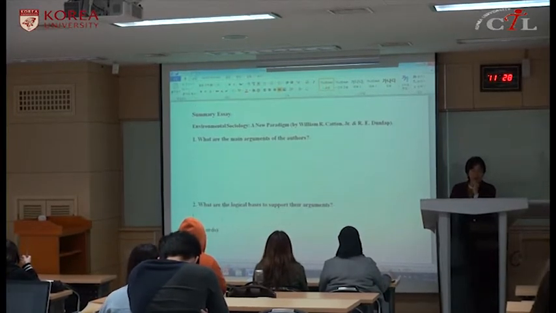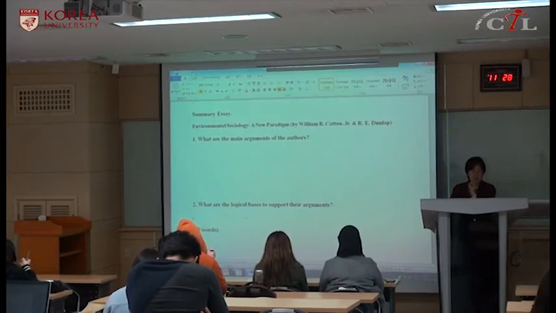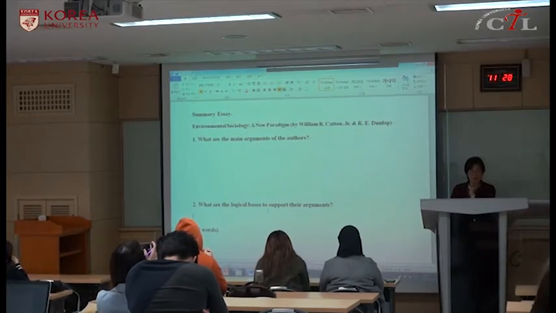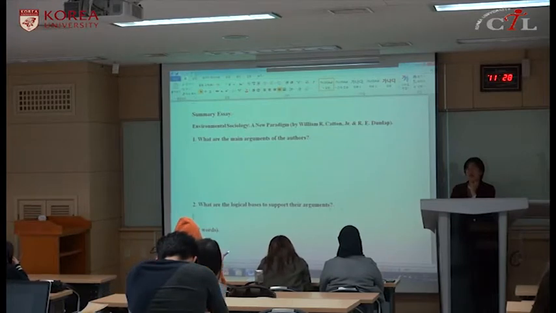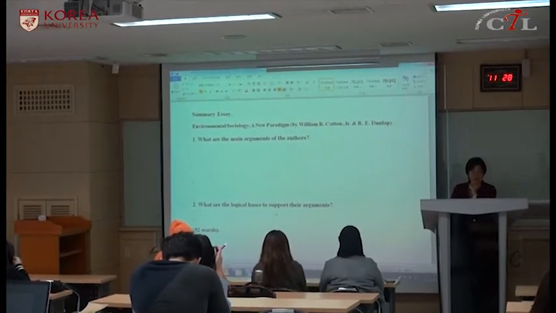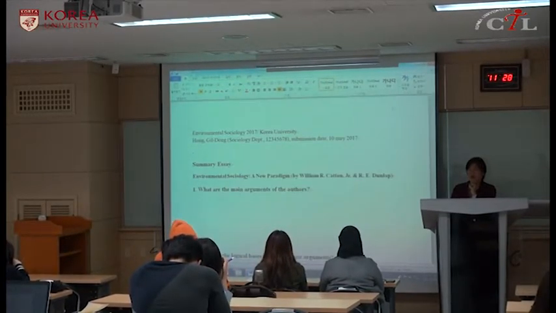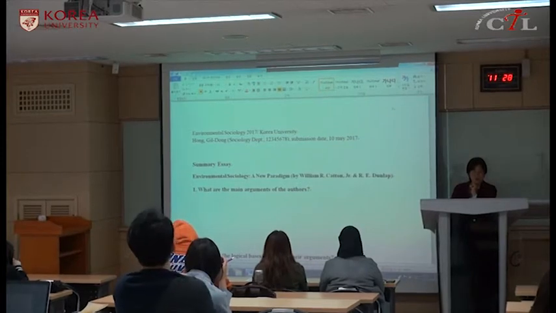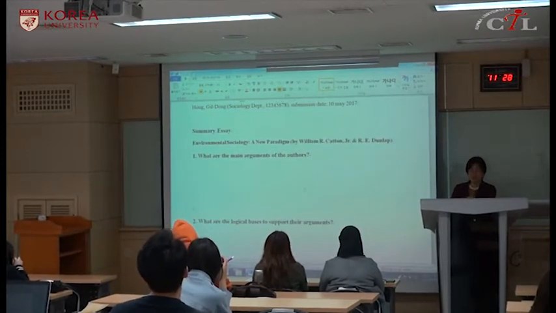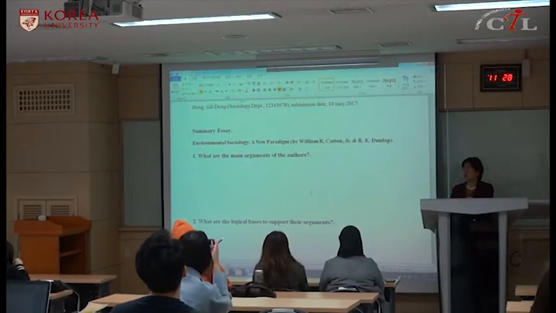And the second question will guide you to summarize this article: what are the logical bases to support their arguments? So by summarizing this article, you put these two questions as a title for your summary essay.